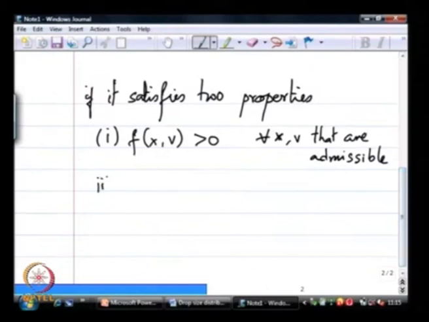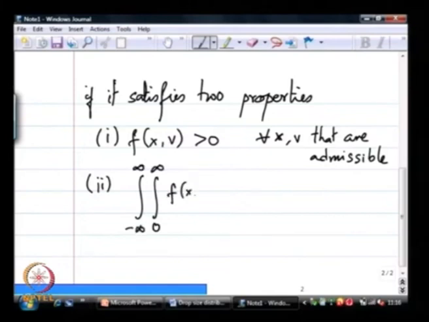And the second condition is simply that if I was to integrate the probability density function over the set of limits, that has to add up to 1.